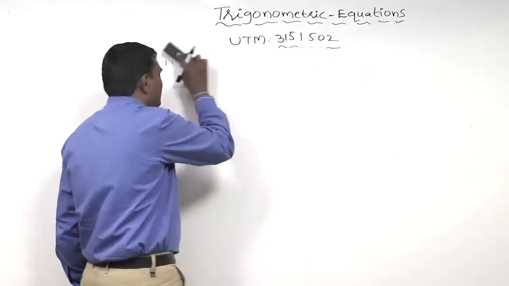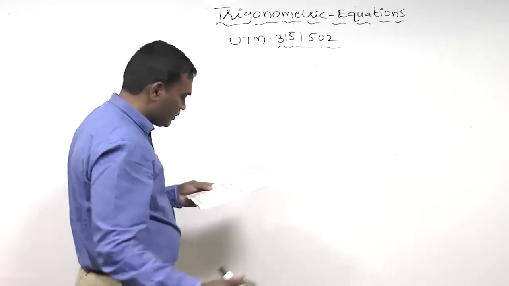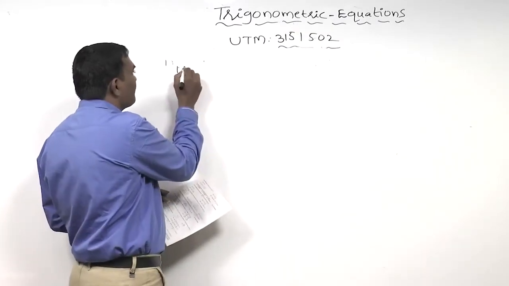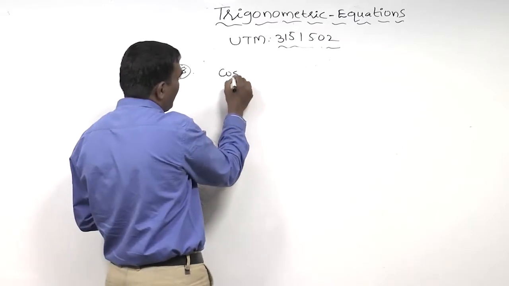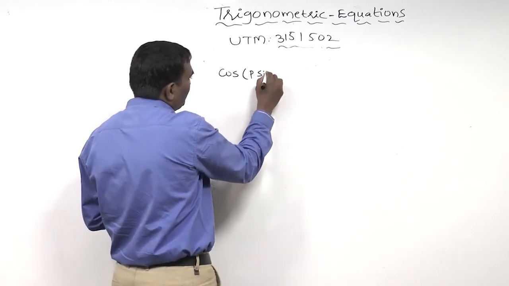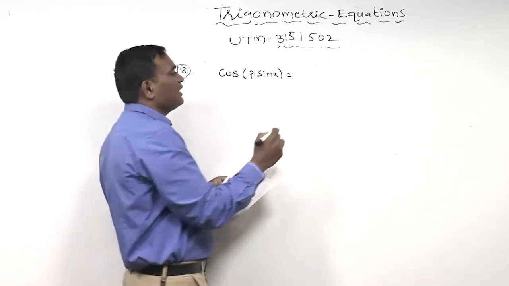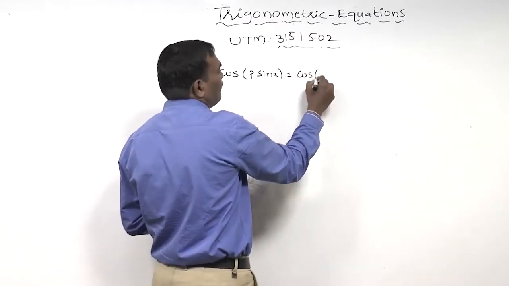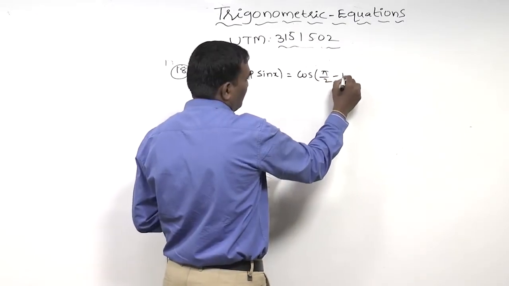Write both in terms of sine or cos. Better to write in terms of cos. Cos of (p sin x) is equal to, here sine is there. I am writing sine in terms of cos. We can write cos of (pi by 2 minus p cos x).